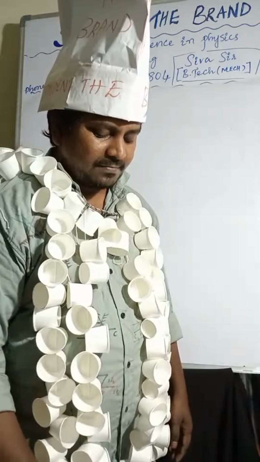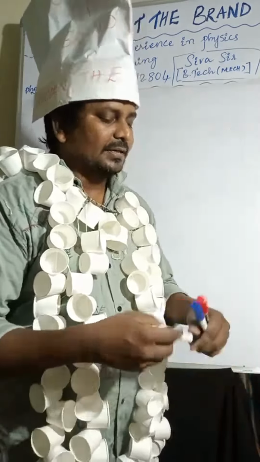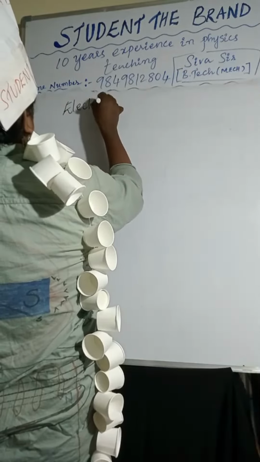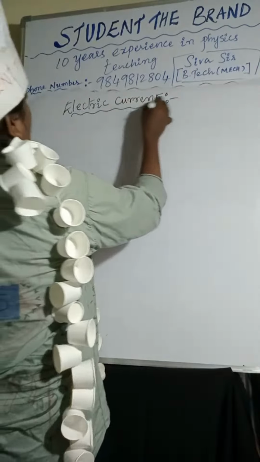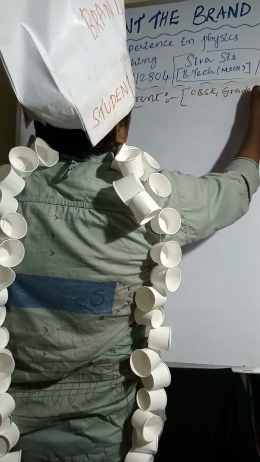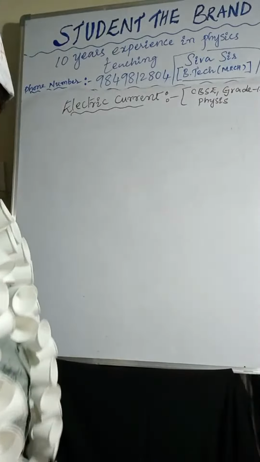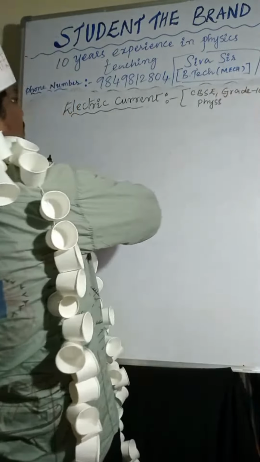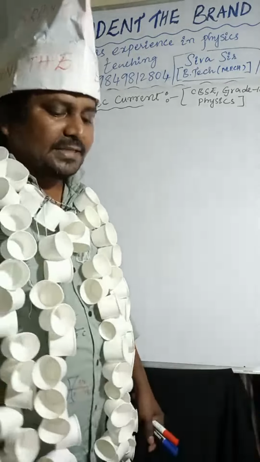I equals Q by T. This is the electric current chapter, CBSE grade 10 physics.